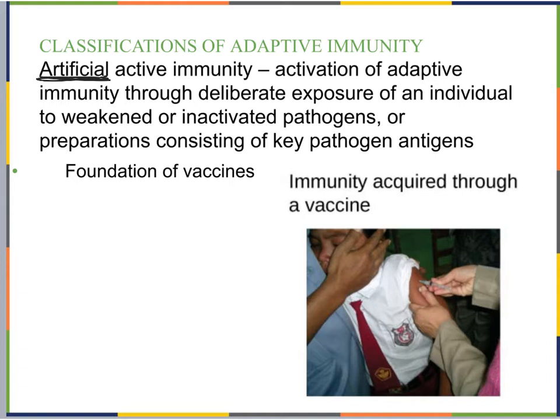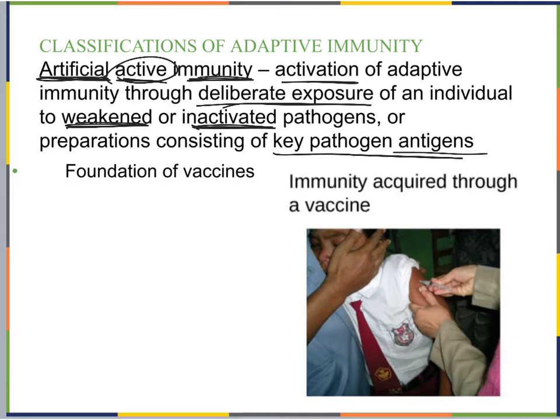And then lastly, we have artificial active immunity. In artificial active immunity, this is our activation, right? Because it's active immunity, we're actually activating our adaptive immunity, but this is through deliberate exposure, so artificial exposure. Deliberate exposure of an individual to a weakened or inactivated pathogen, or preparations consisting of key pathogen antigens.